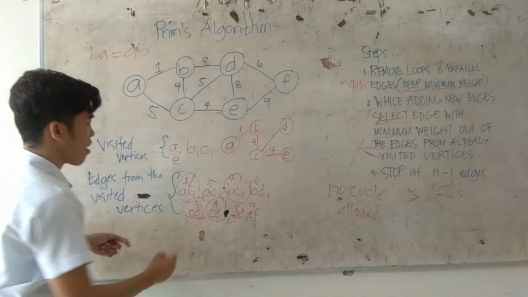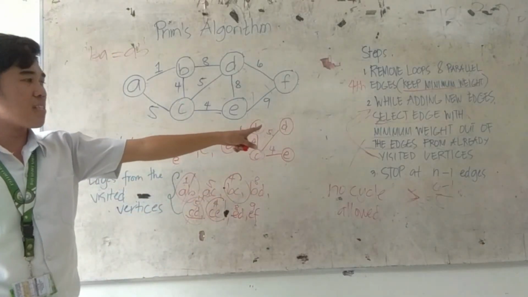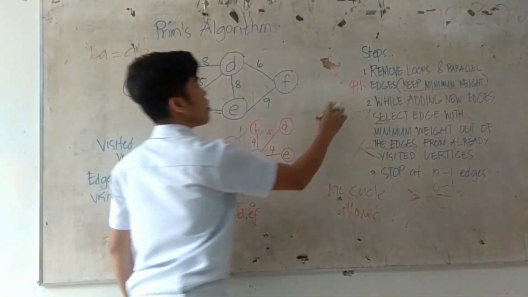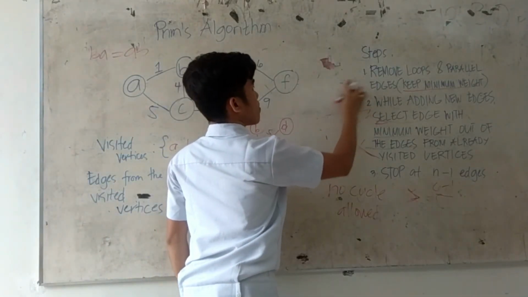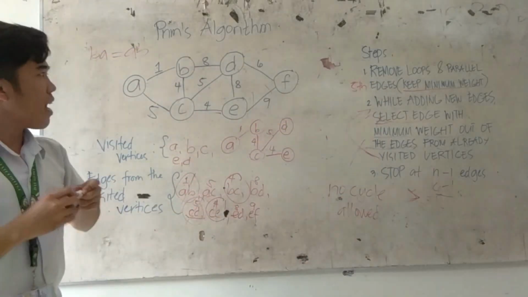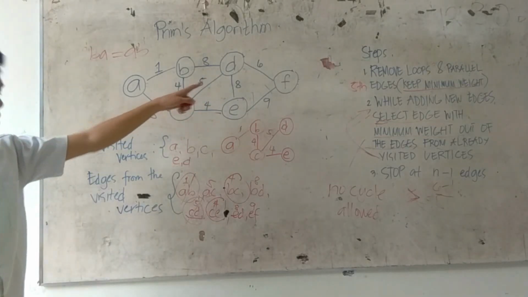Now let's write it there, and then 5. Now the newly visited is D. And we are now in our 5th edge. Now D, what are the edges from the visited vertices?